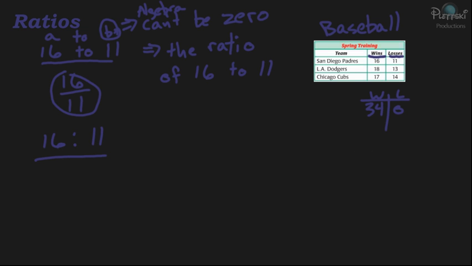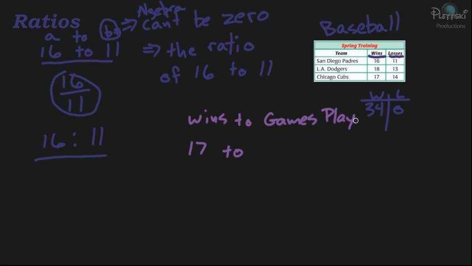If we wanted to find out the Chicago Cubs wins to games played, well, they won 17 times. So their wins to games played.